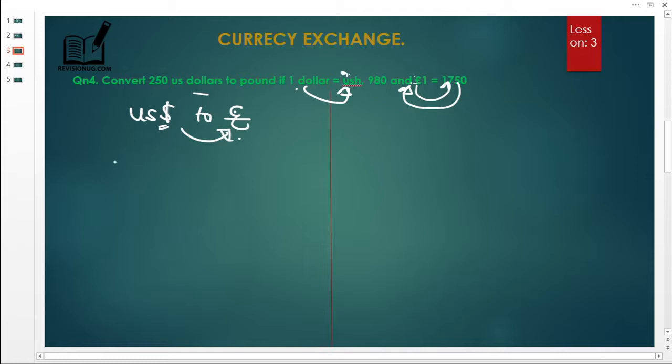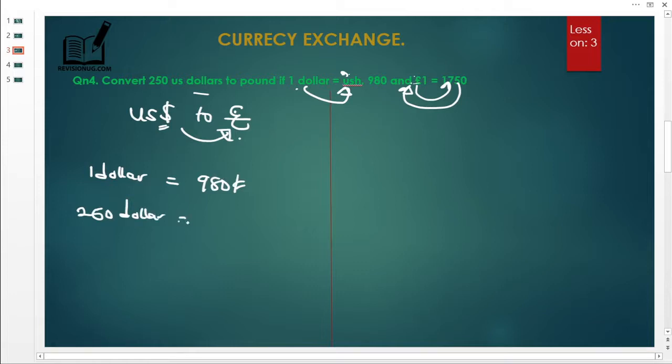Then let us get started. We are first going to change our dollars to shillings. $1 here is equivalent to 980 shillings. How many dollars do we have? We have 250 dollars.